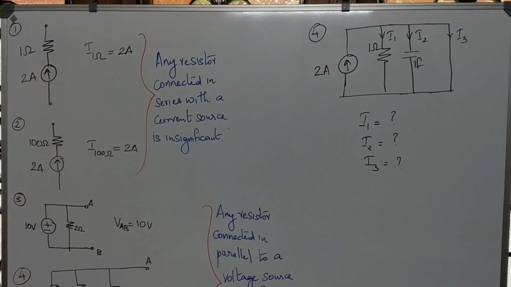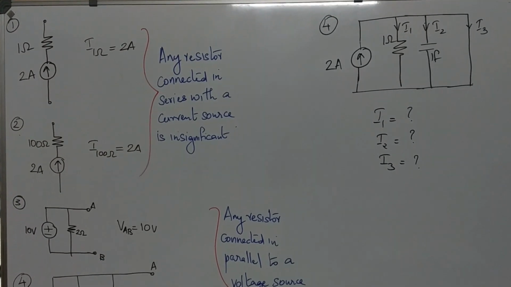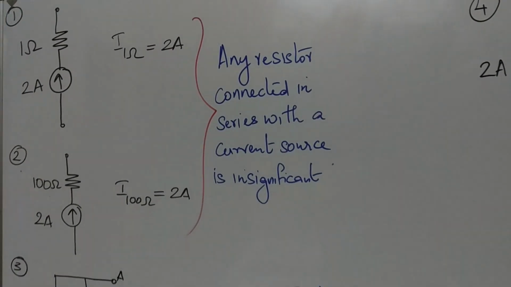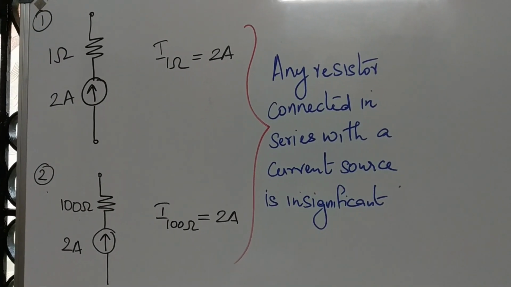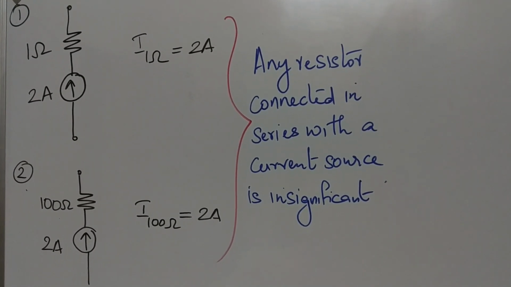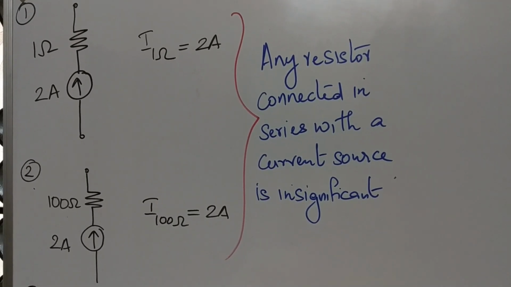Before starting problems, I would like to bring your attention to certain specific cases. Now consider these two circuits. In the first circuit, you have a current source in series with a resistor of 1 ohm.